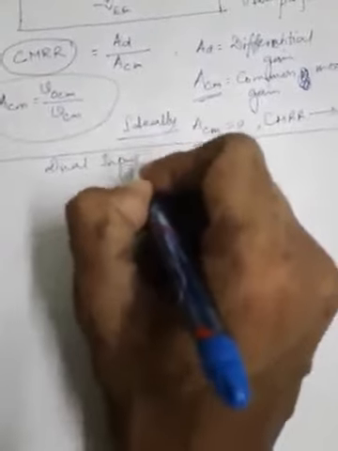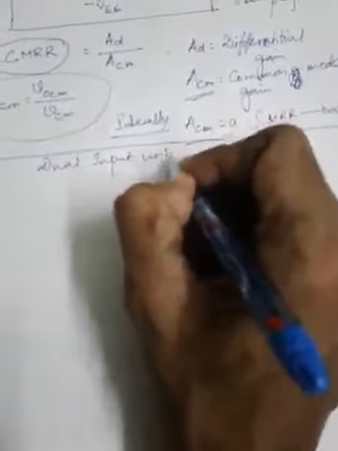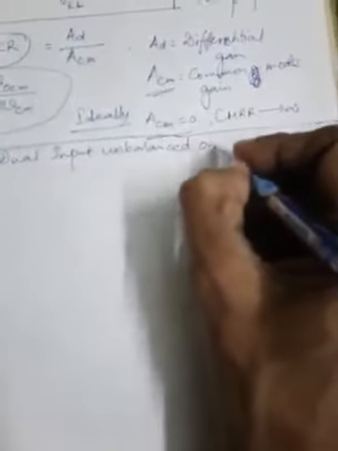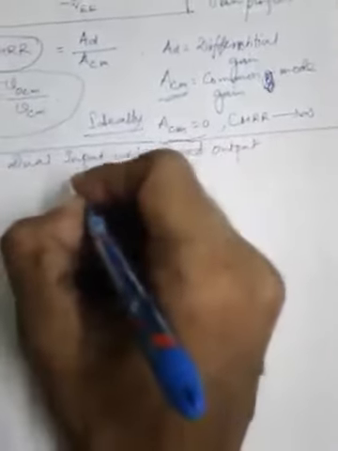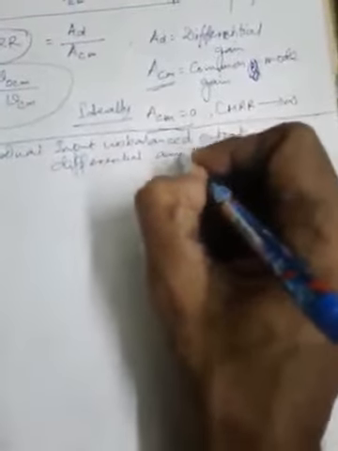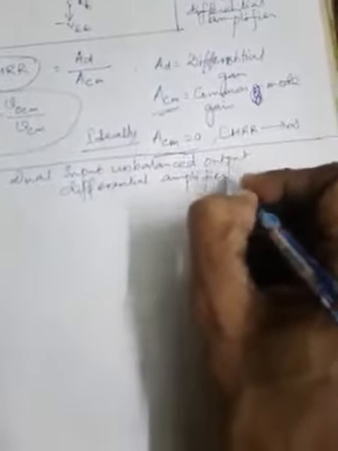Now let us move on to the next configuration, the dual input unbalanced output differential amplifier. In this configuration, since it is dual input, two input signals are used and the output is measured at only one of the two collectors with respect to ground.